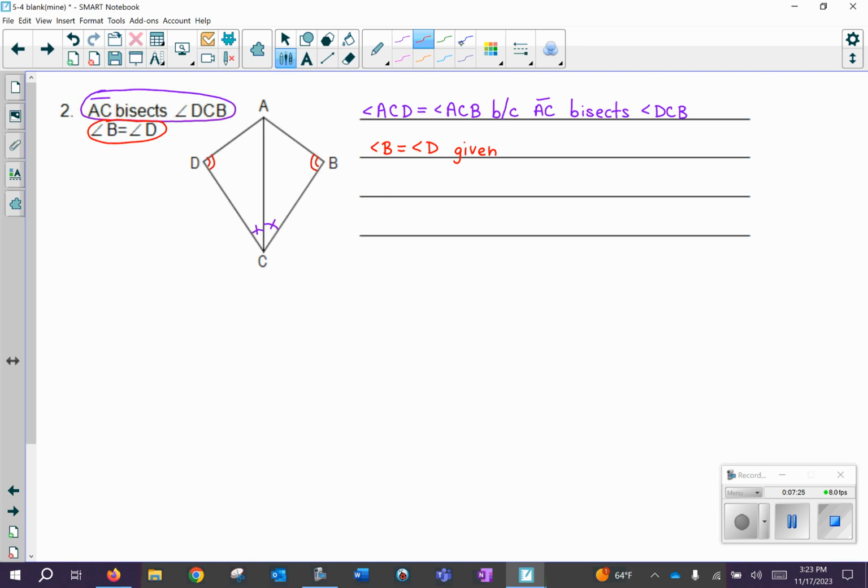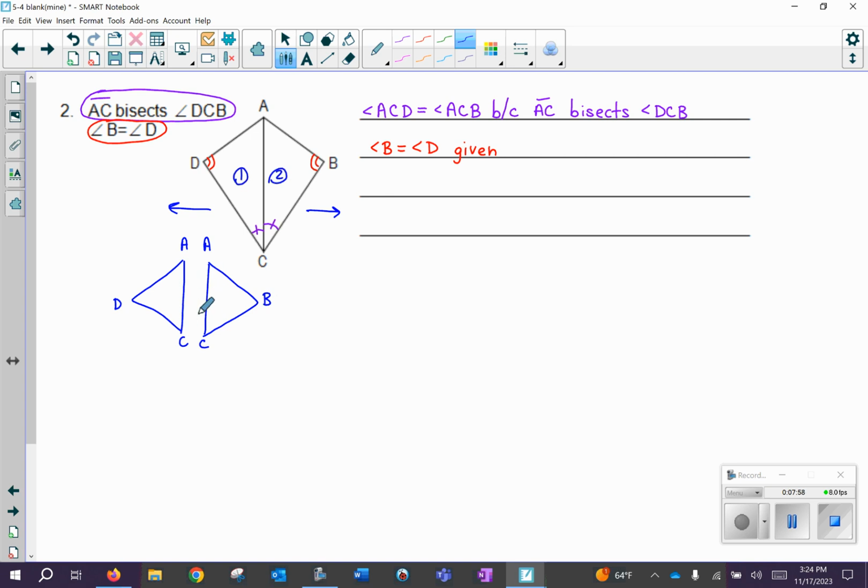Again, remember the things we said we would look for are vertical angles and shared sides. Well, there's no vertical angles in this picture, but if these are the two triangles, 1 and 2, and you were to separate them, one of them would say A, C, D, and the other would say A, C, B. So notice they both have side AC.